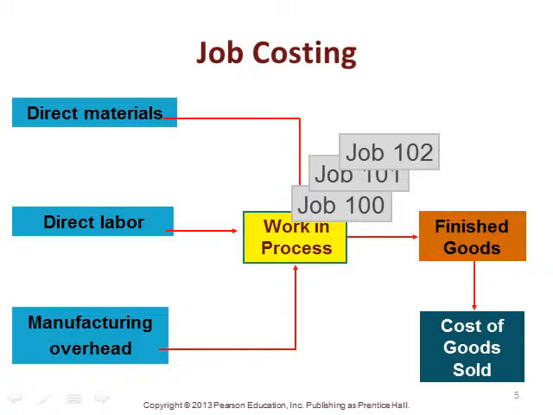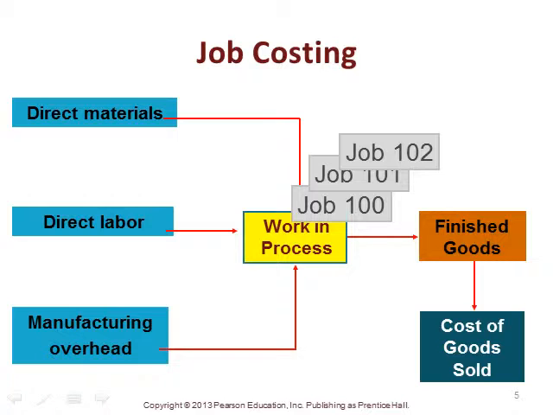And this just helps us to see that what we see flowing into work in process, which is made up of jobs 100, 101, and 102, are direct materials, direct labor, and manufacturing overhead. And each one of those elements is going to get posted to either job 100 or job 102 or job 101.